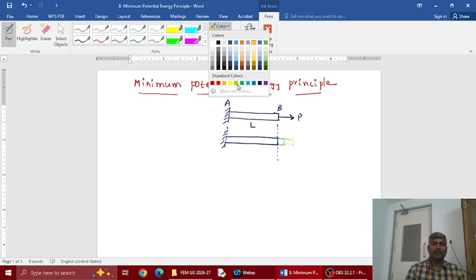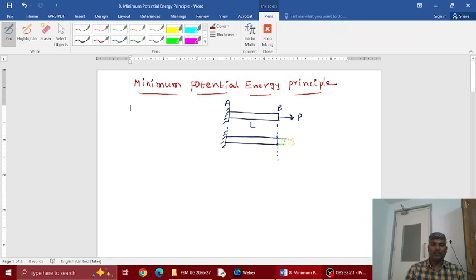Yeah, this is another possible deformation value. Likewise, you have an infinite number of possible deformations for this problem. What exactly is the value that it is going to deform, the delta? We don't know.